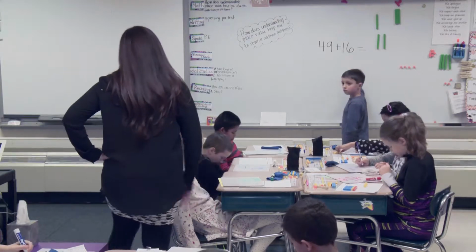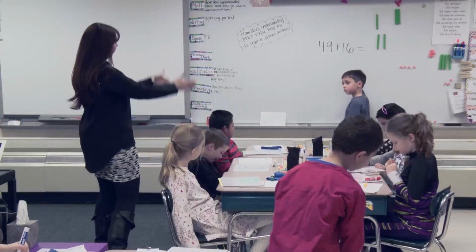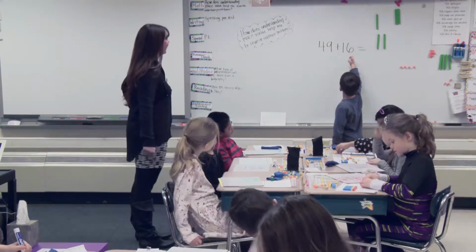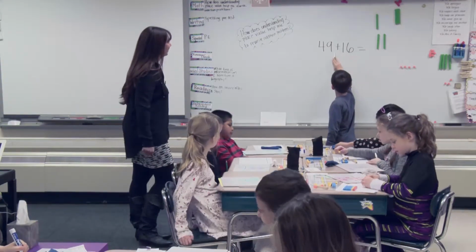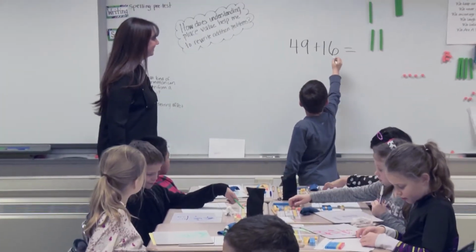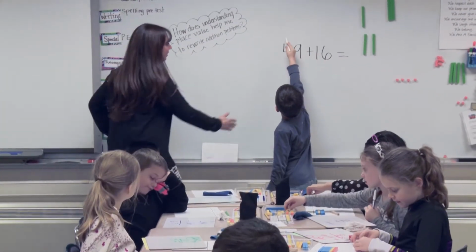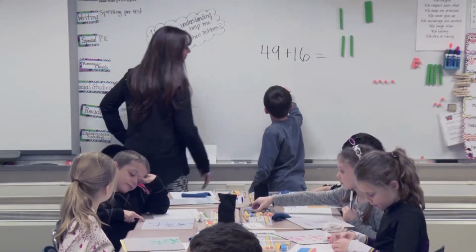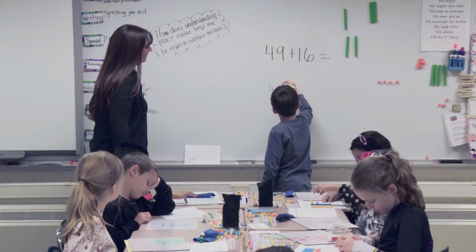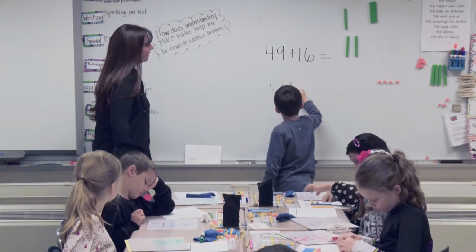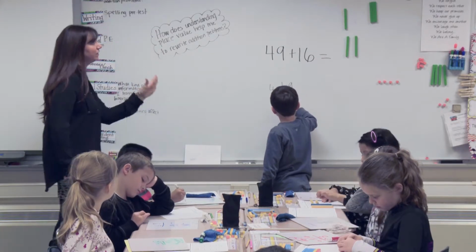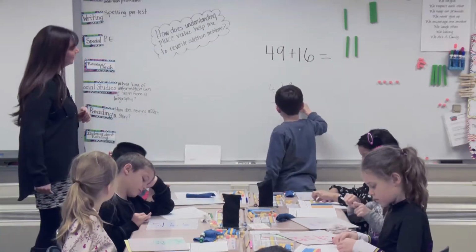Can you rewrite 49 plus 16 going vertically up and down? Okay, go ahead and do that. Rewrite it just like you did on your whiteboard. I like how Joe put the line down the middle just so he remembers to separate the 10s and the 1s.